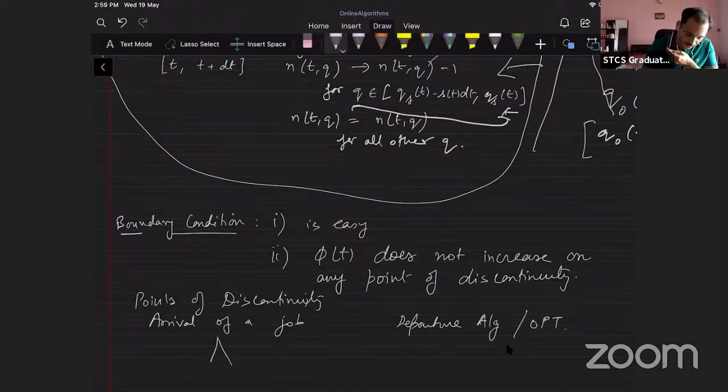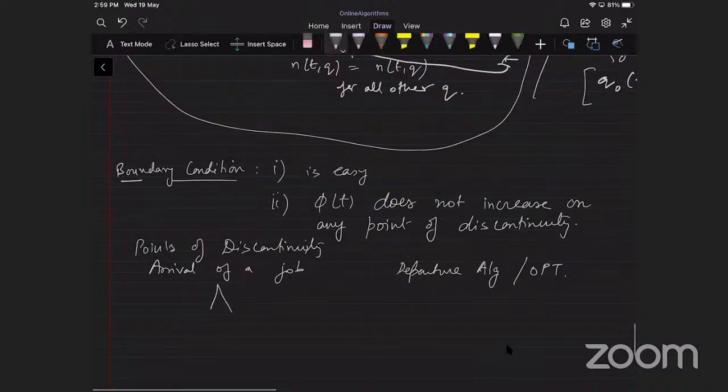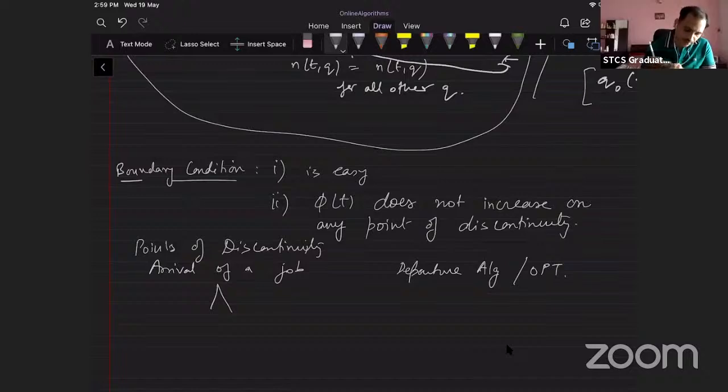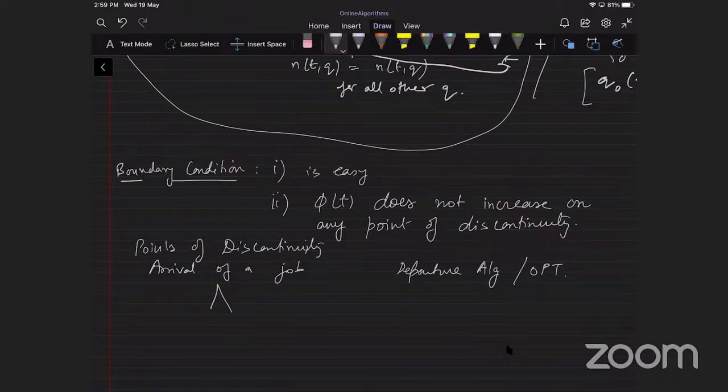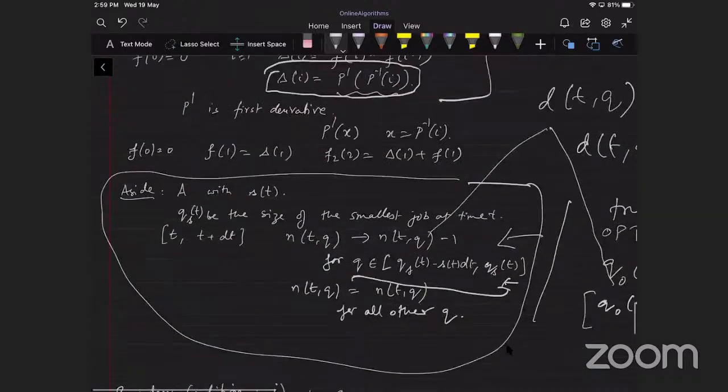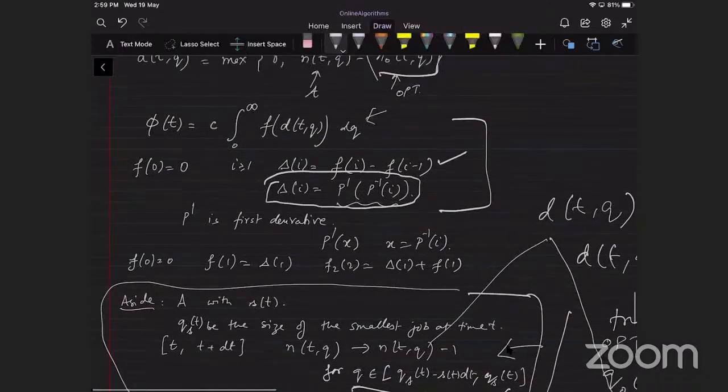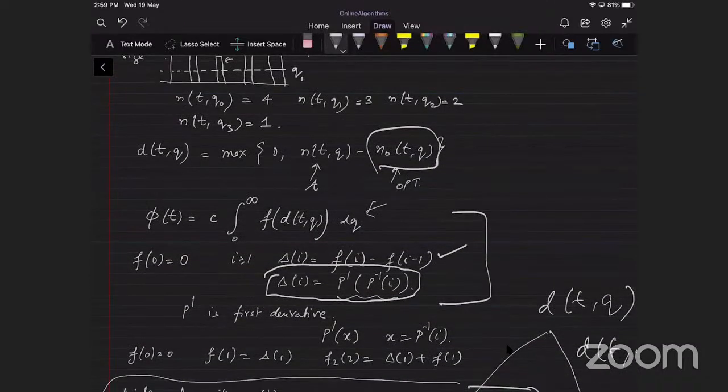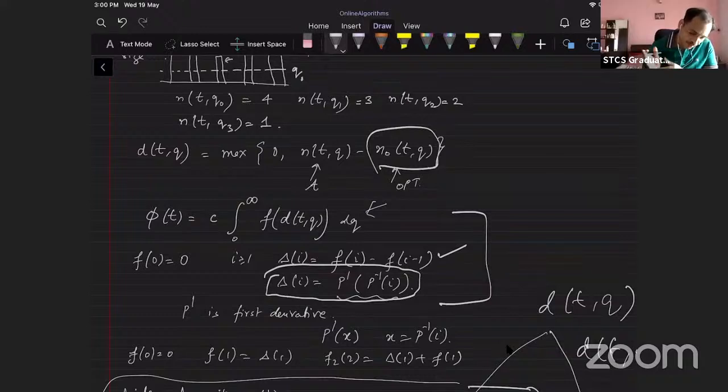Here departure means that size decrease is smaller than q. No, departure means the job is complete and it departs the system. No, but we are only looking at jobs with size at least q. So departure should mean here that now the job size decreases below q, or becomes equal to 0.